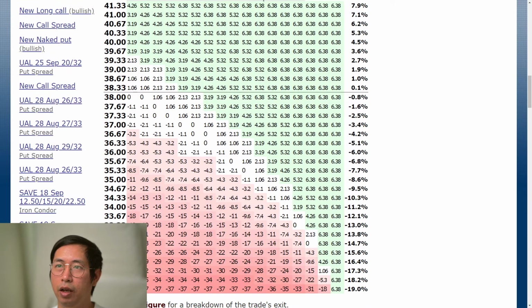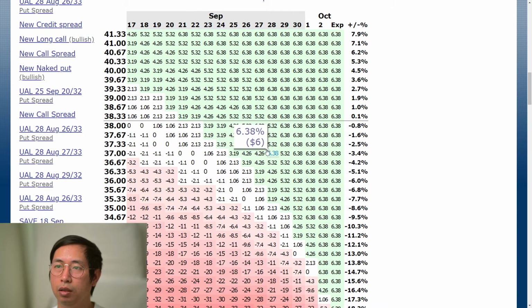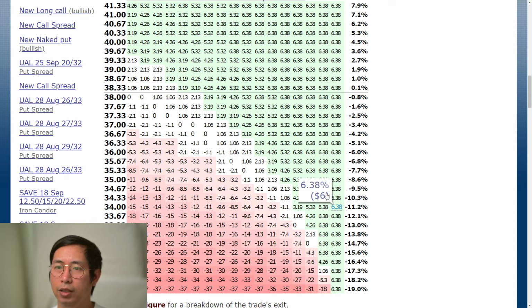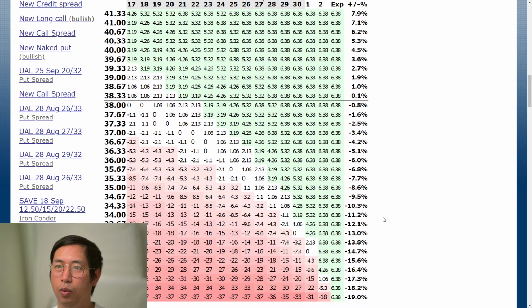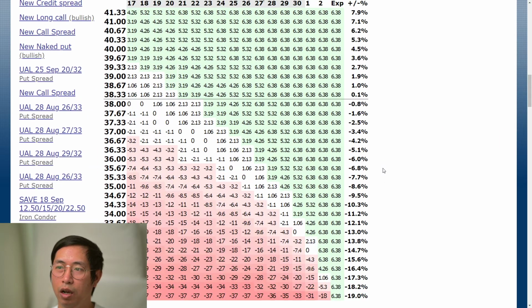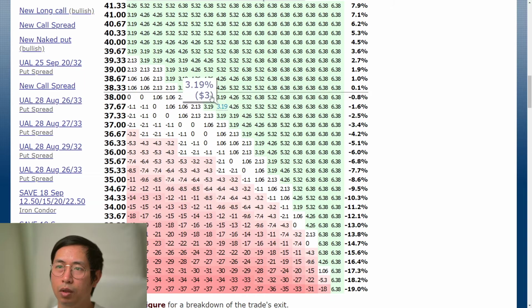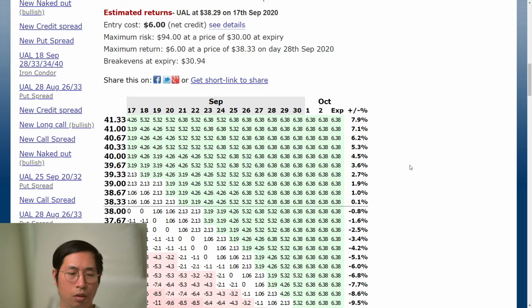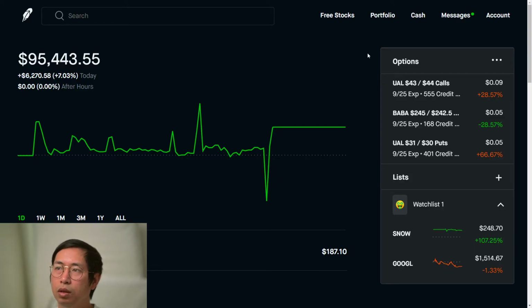So as you can see here, as time goes on, as long as UAL stays above $31, we're going to make a profit. So that's what you want to do when you're doing a put credit spread, is when you're very confident that the stock is going to stay above a certain price.